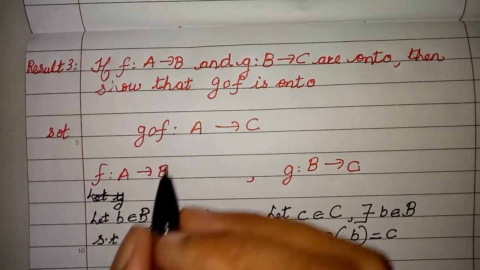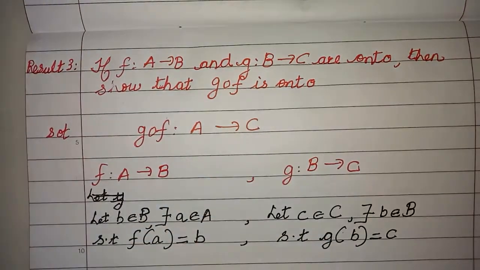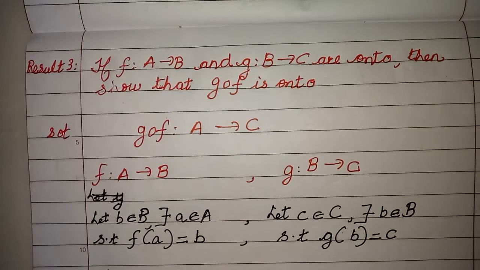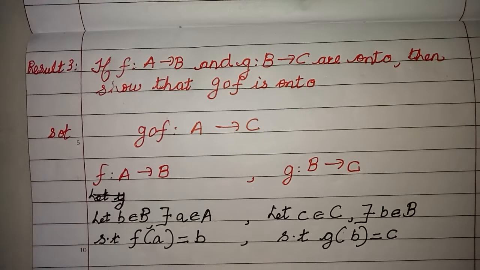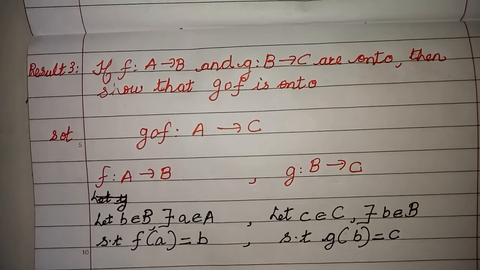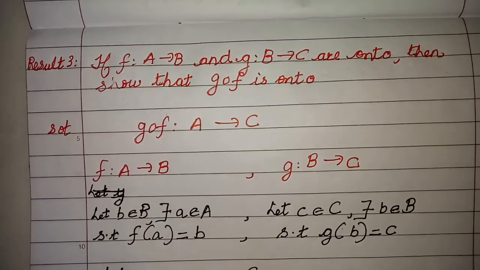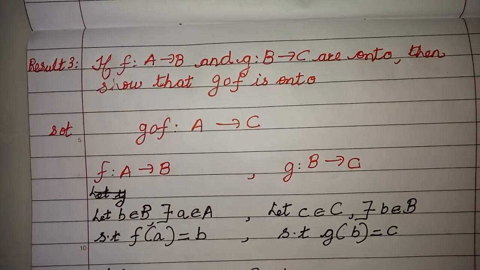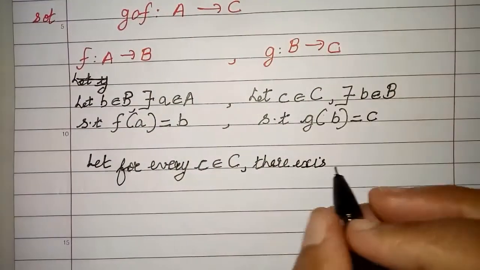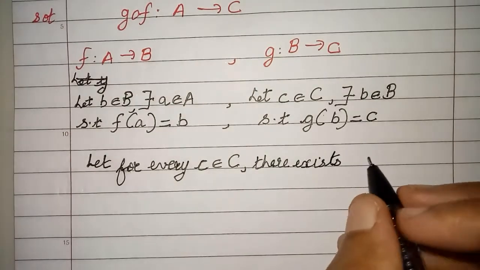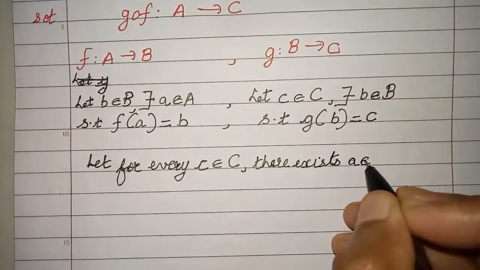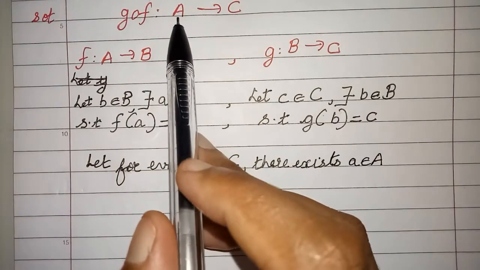Now I want to prove the onto of this set. So I am going to start with: for every c belonging to C, there exists, we are not sure, but we are just trying it, there exists a belonging to A. Why am I taking a belonging to A? Because your domain is this.